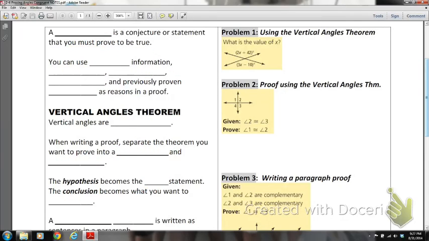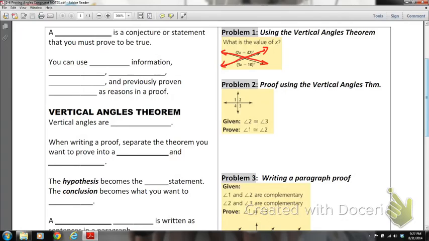In problem 1, we're going to use the vertical angle theorem to find the value of x. So in the diagram, we have two straight lines that cross each other. So that means we have two angles whose sides are formed by opposite rays, which is the definition of a vertical angle.